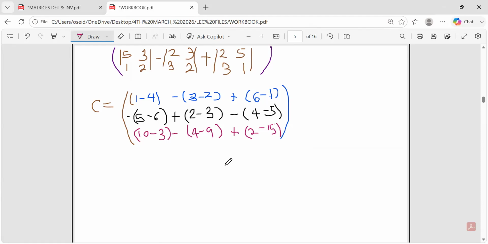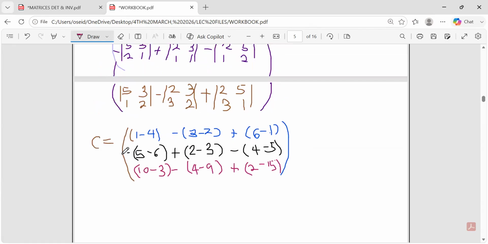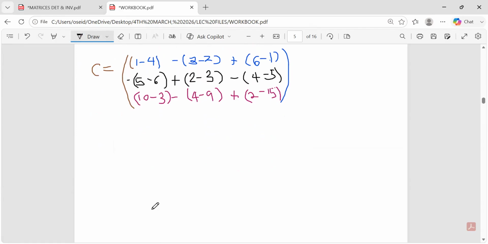Good. Once we are done with this, we do addition and subtraction. Note that this is a 3 by 3 matrix. So we are not going to sum up all these. We sum them individually so that we can get back our 3 by 3 matrix. So C, which is cofactor, will be equal to what?